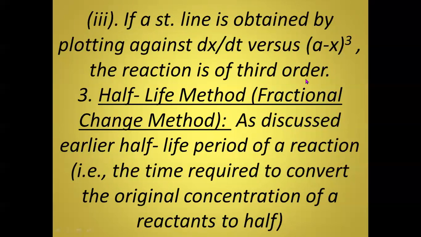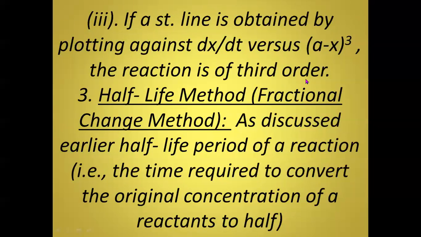And for second order, we will get a straight line when we plot a graph between 1 by a minus x versus t. It means on the y-axis we will take 1 by a minus x, and on the x-axis t. And for third order, we will get a straight line if we plot a graph between 1 by a minus x whole square versus t.